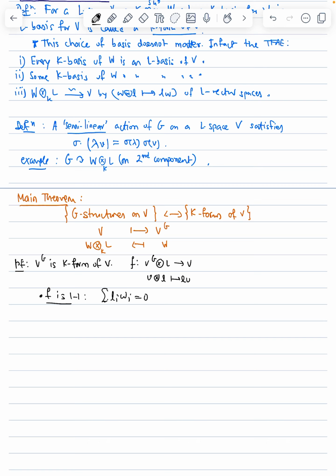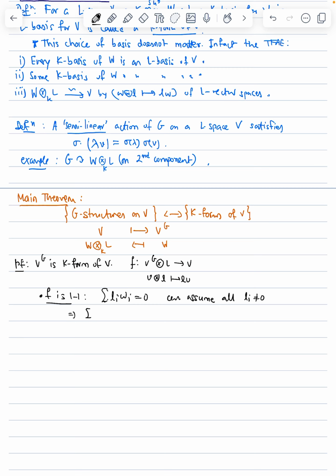In other words, if you have a sum of fewer than n terms such that this linear combination is zero, that means each of the terms is zero. Or equivalently, you can assume that all the l_i's are non-zero. And then you just apply a sigma to it.